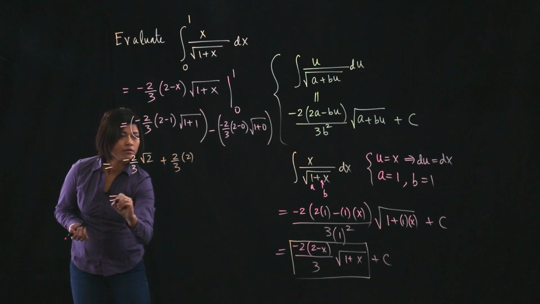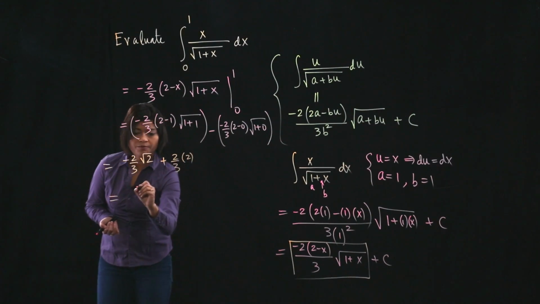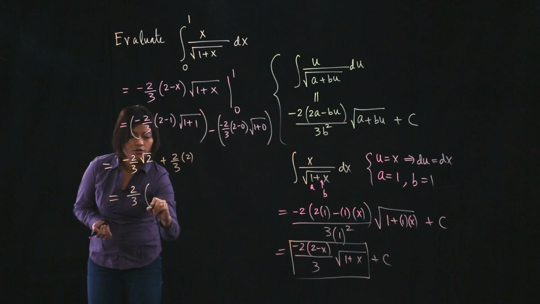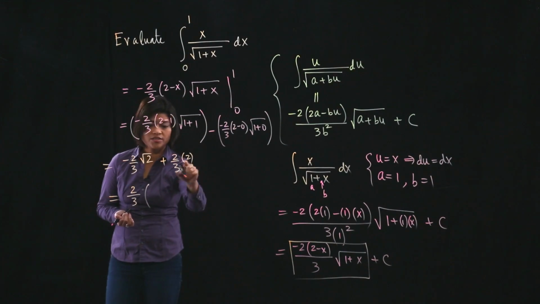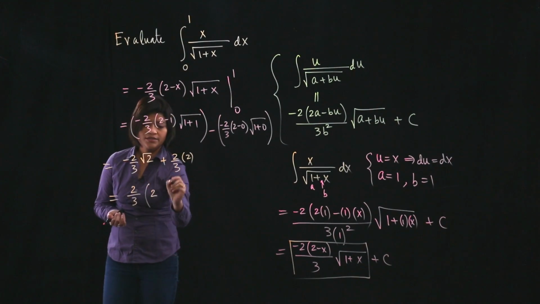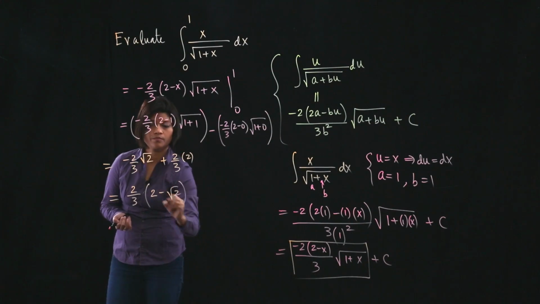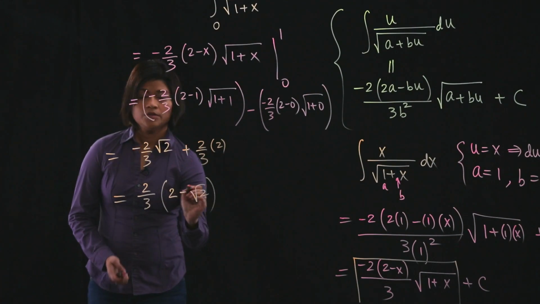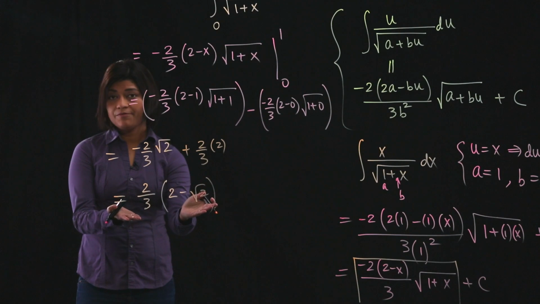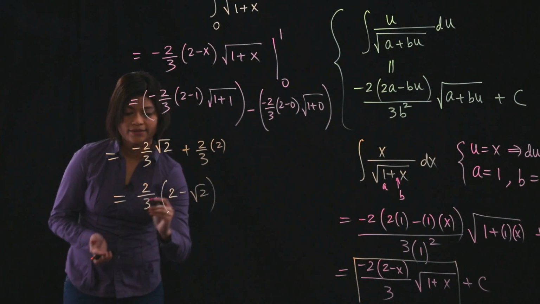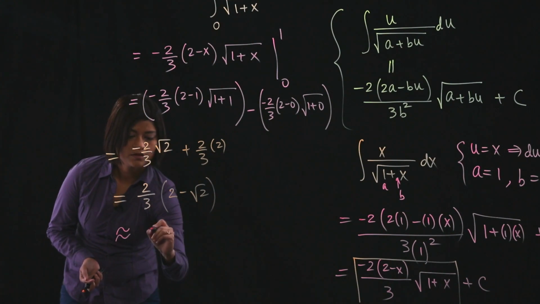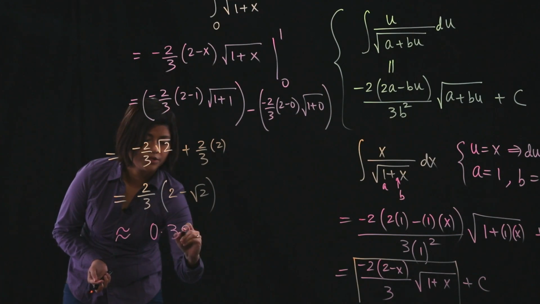Okay. So we can take out a common factor of 2/3 from both terms, and you will have positive 2 minus the square root of 2. So you can use a graphing utility and figure out that the answer is about 0.3905.